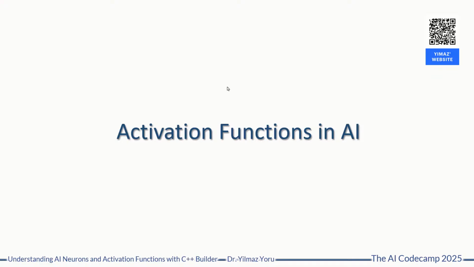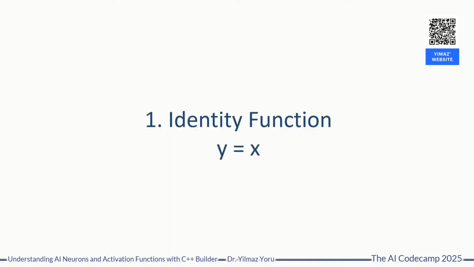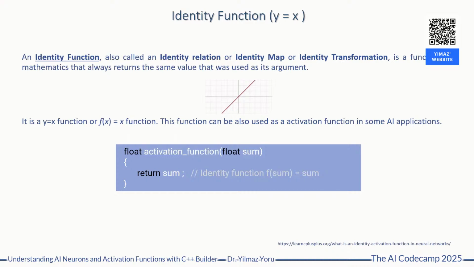Now let's look at some of these activation functions in artificial intelligence. First, the identity function. An identity function, also called an identity relation, identity map, or identity transformation function, is a function in mathematics that always returns the same value that was used as its argument.